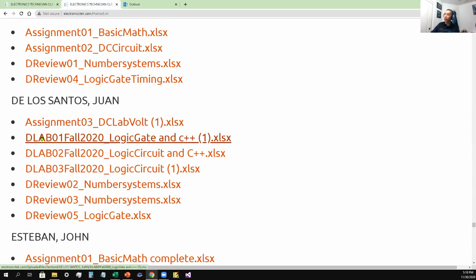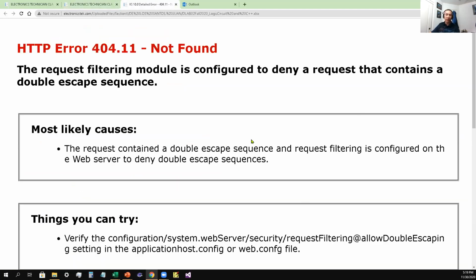What you want to do is make sure you just put the name of your lab right here, logic gate dot XLS. Don't put these extra extensions. As long as you put plus plus, it means something else to the computer. When I click on one of these, it gives me a whole bunch of errors, so I cannot open that file. Make sure you re-upload that file so I can run it.